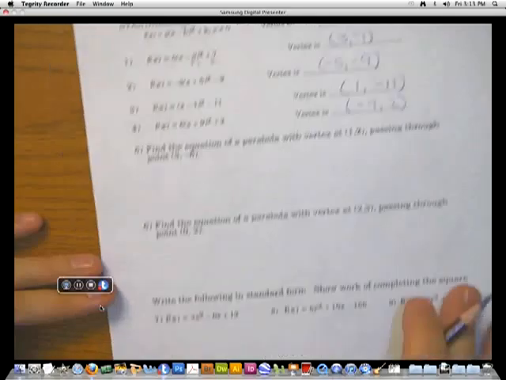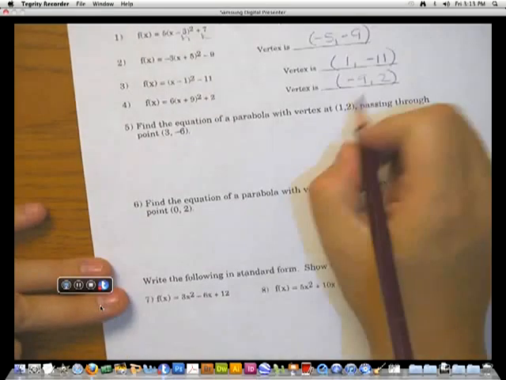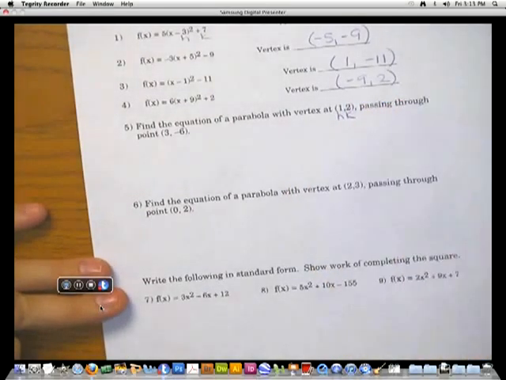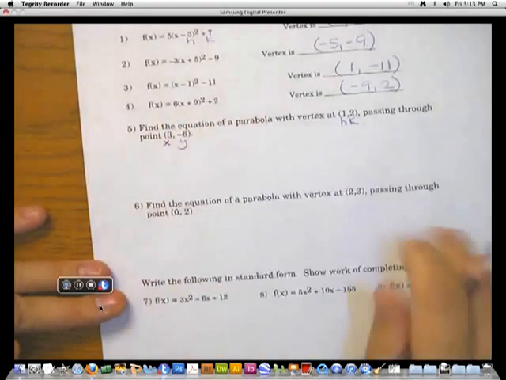All right, now we're going to be able to actually write the equation of a parabola with the vertex given, an (h, k), and it going through an (x, y). So if I know my vertex, then I know my (h, k), and if I know a point, I know my (x, y).